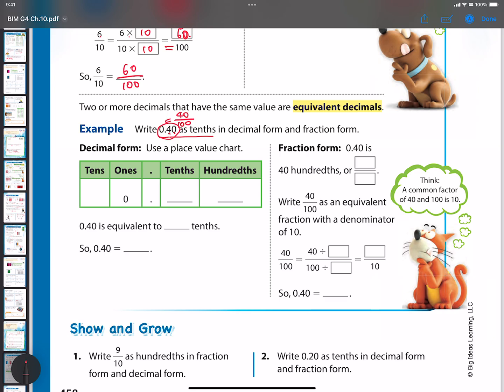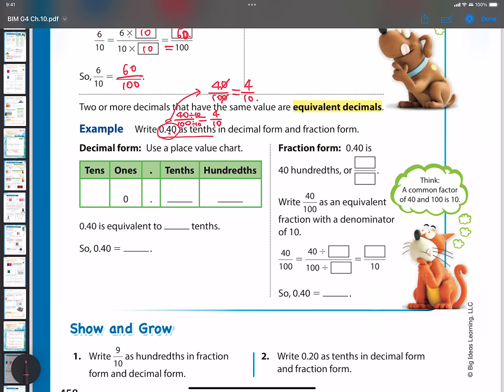Now to make it tenths, divide by 10. So it becomes 4 over 10. But we already know an easier way: erase the same amount of zeros. And this becomes 4 over 10. That's it.